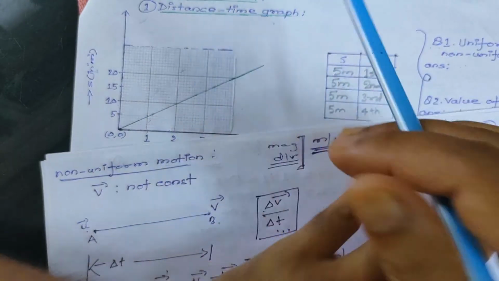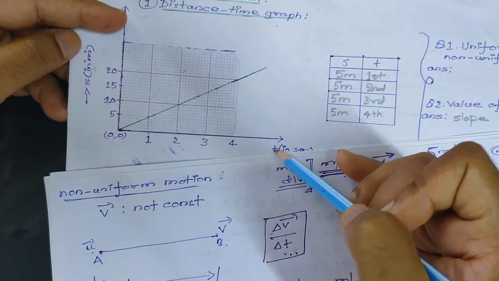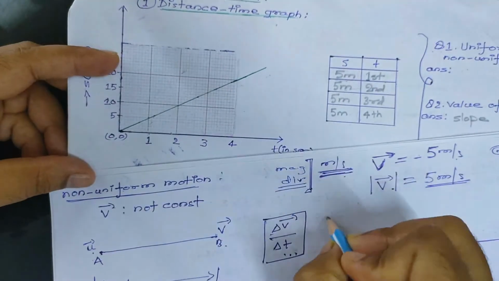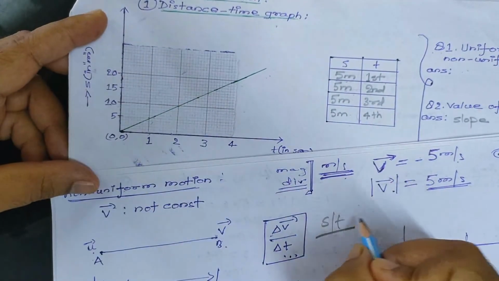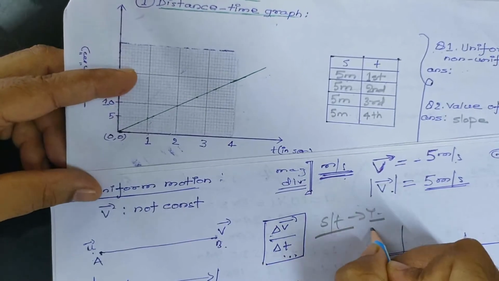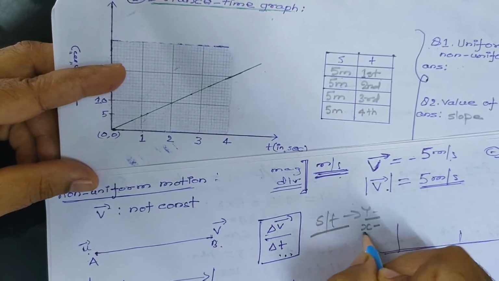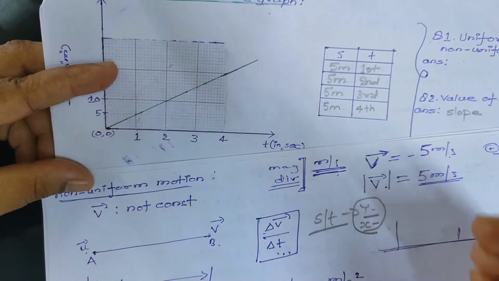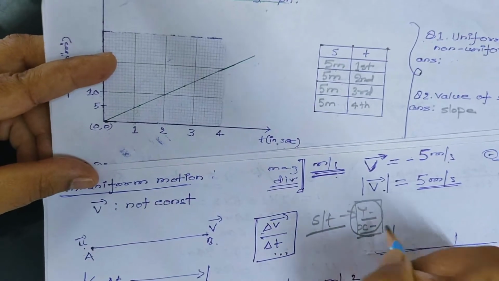Speed is nothing but distance versus time, that is s by t. That means the value available on the y-axis divided by the value available on the x-axis. Can you guess what I'm about to say?